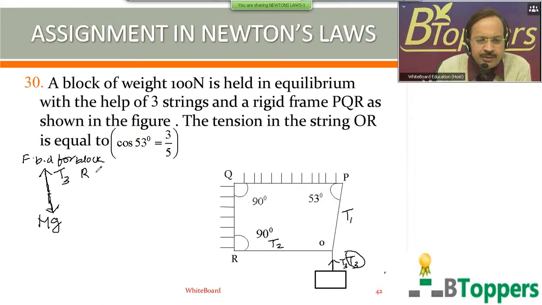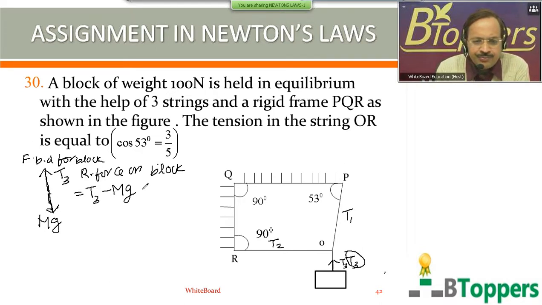So the magnitude of the resultant force on the block is equal to T3 minus mg. But the block is in static equilibrium, so the resultant force on the block must be 0.